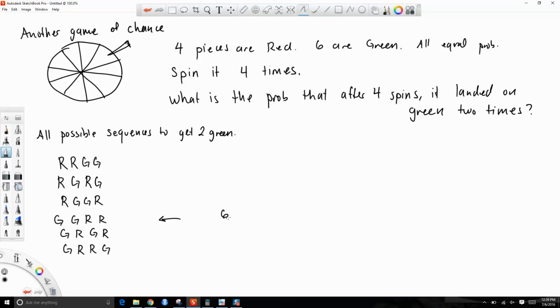So the probability of green is 6 out of 10, or 0.6. And the probability of not green, or red, is 0.4. So this sequence is 0.6 squared times 0.4 squared.